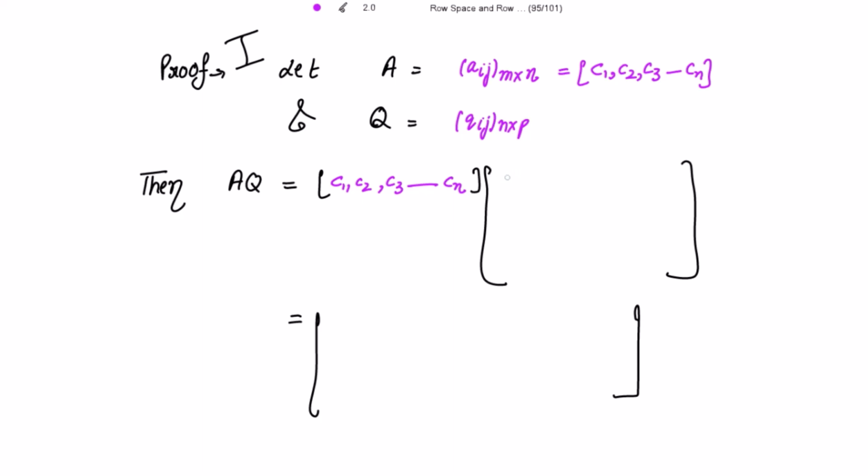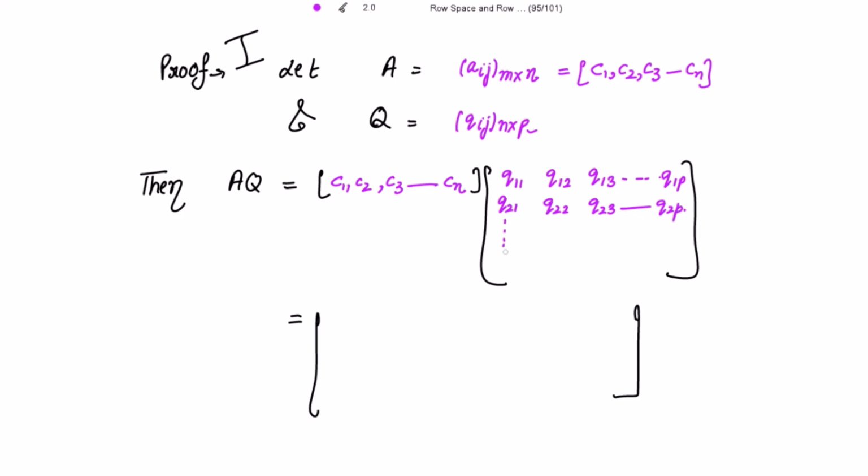the element present in the first row, first column, the element present in the first row, second column, the element present in the first row, third column, and so on. How many columns are there? P columns. So it is Q1P. Similarly, the element in the second row, first column, second row, second column, second row, third column, and so on, second row, pth column.